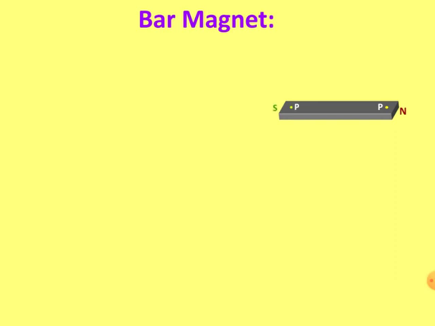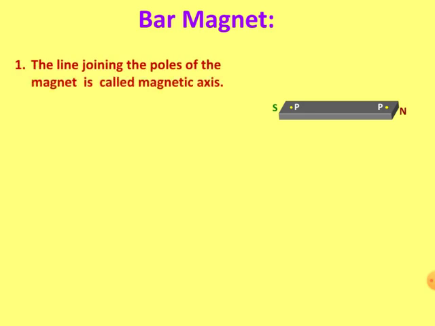This will be the south pole. So there are two poles in a bar magnet, and the imaginary line joining these two poles we call the magnetic axis.